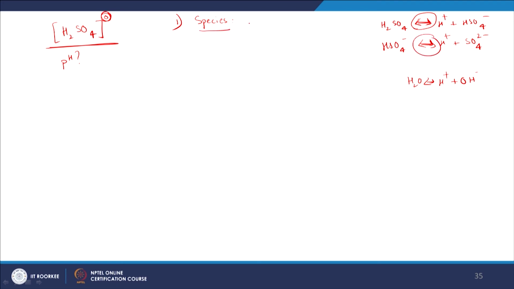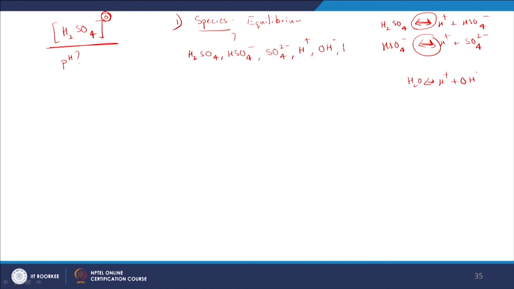Species are those compounds that will be present at equilibrium, right. So in this case, what are they? They are H2SO4, HSO4 minus and SO4 2 minus, and obviously H plus, and OH minus.